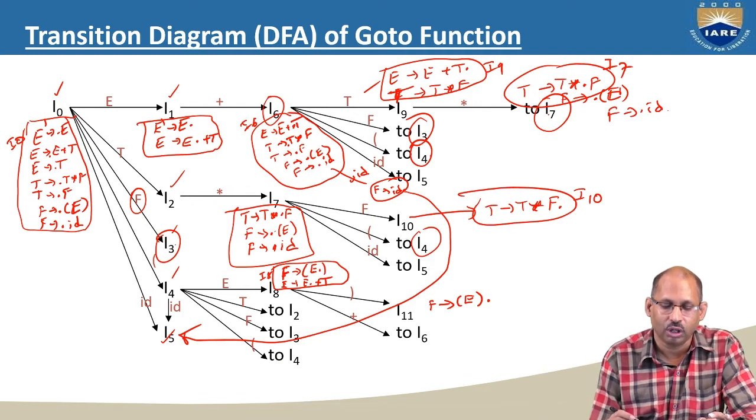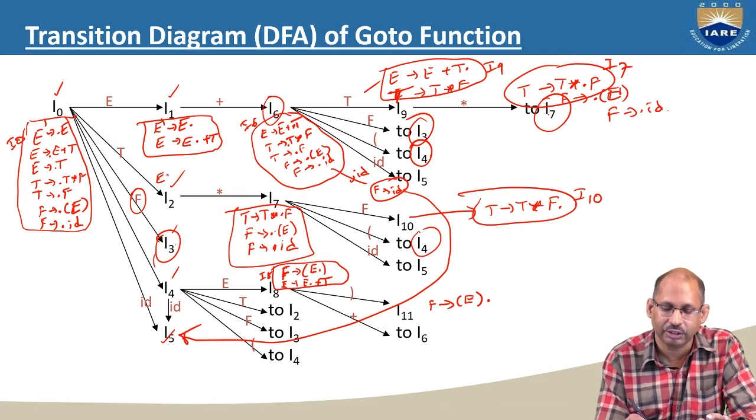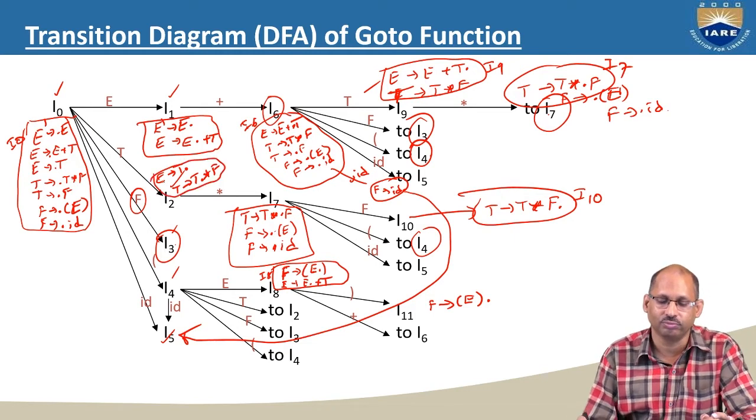Then I2 on T. What is the transition? E → T., then T → T . * F. This is I2.